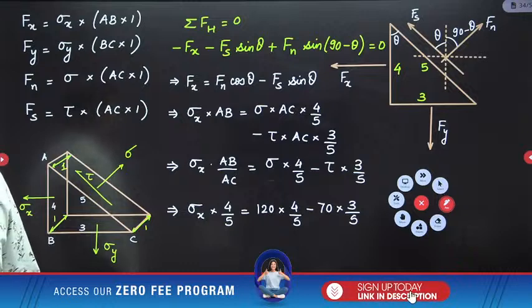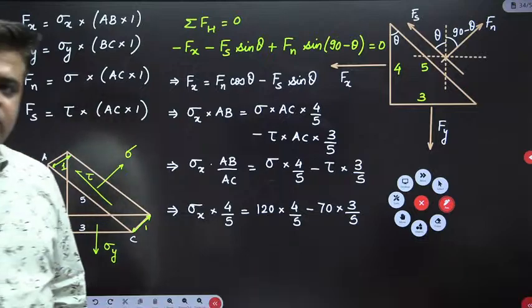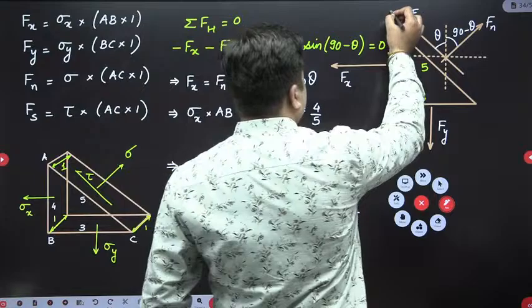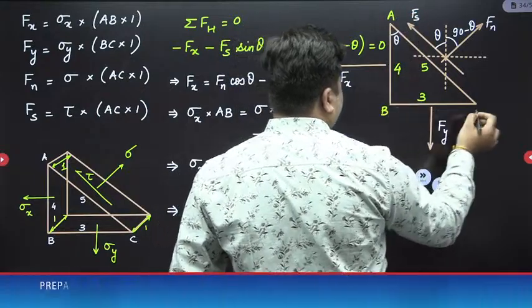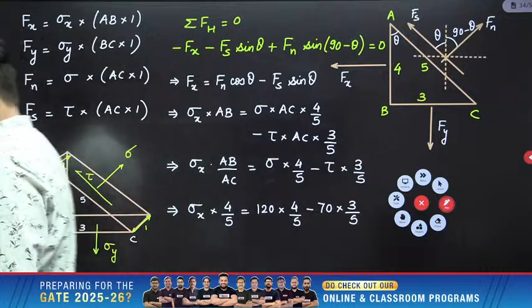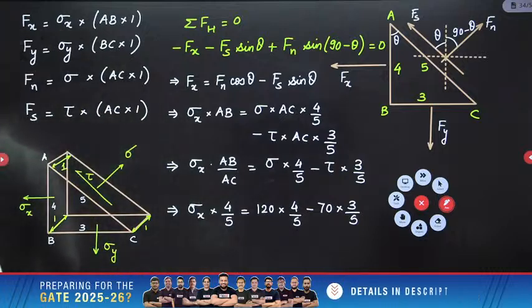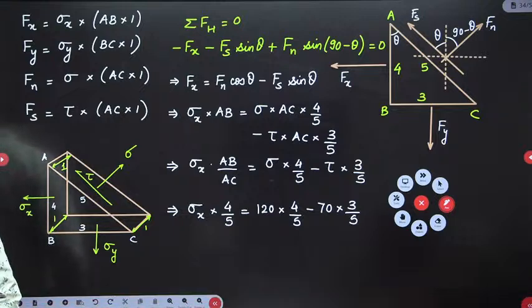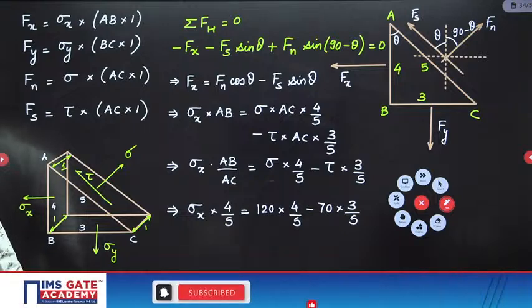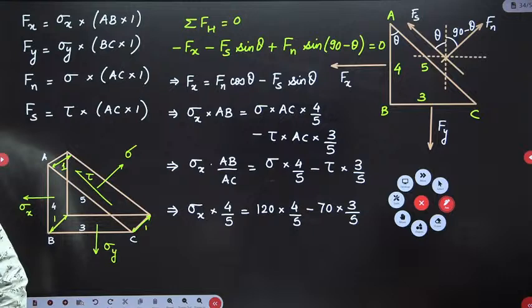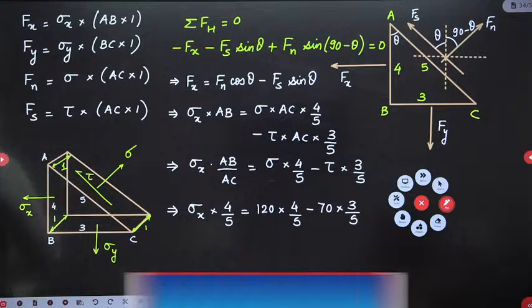Without applying any formula, by using the mere basics, first I have written all the stresses into forces, and then I have just taken the summation of horizontal forces equal to 0 for calculating the value of sigma x. Please calculate and tell me the value of sigma x.